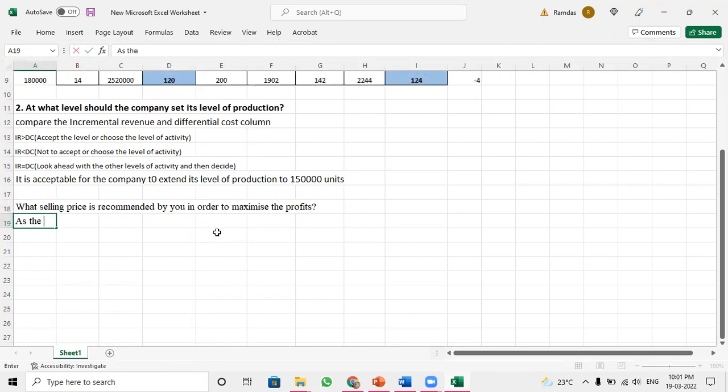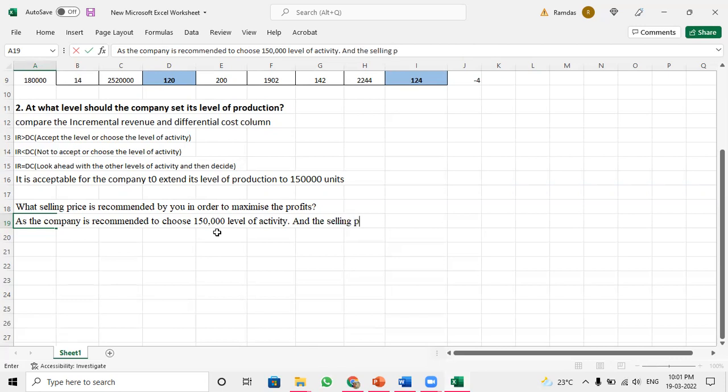So as the company is recommended to choose 1,50,000 level of activity, and the selling price at this level as given is rupees 60,000.